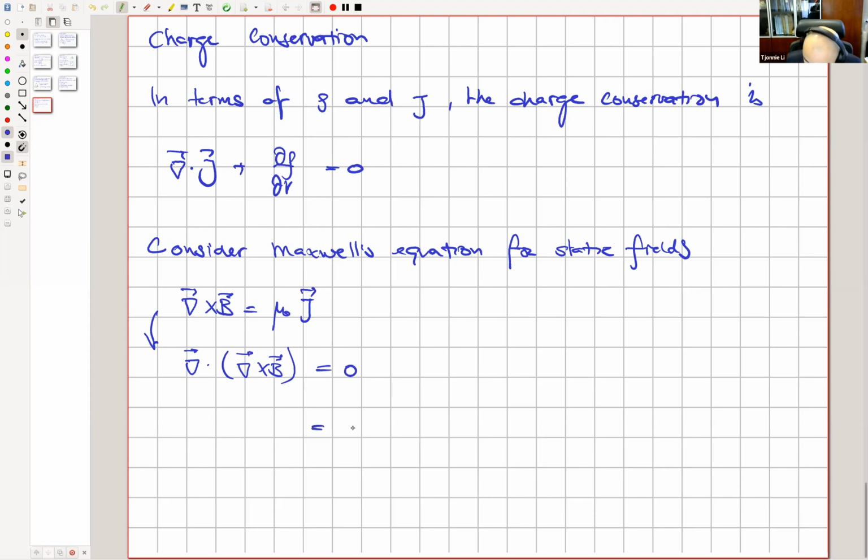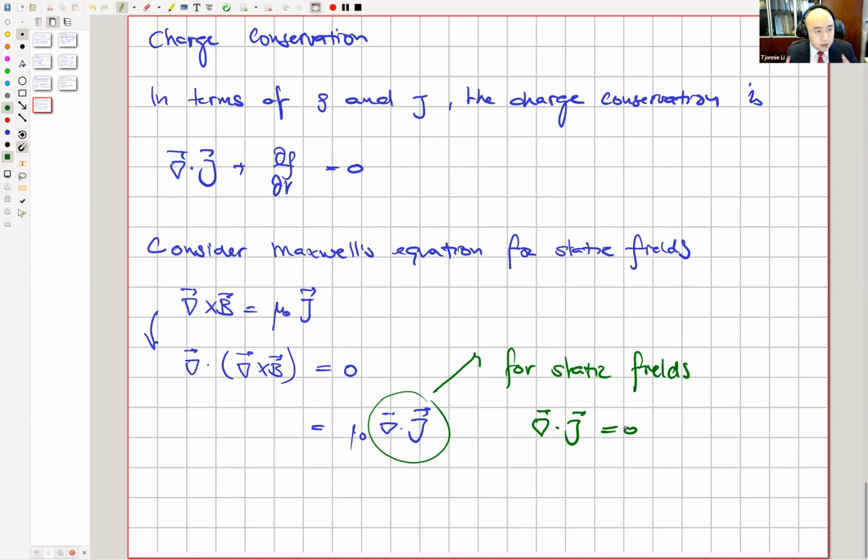But this then also equals mu naught divergence of J. Now this is true because, indeed, for static fields the divergence of J equals 0, because we end up with constant currents, and so there's no net charge going in or out.